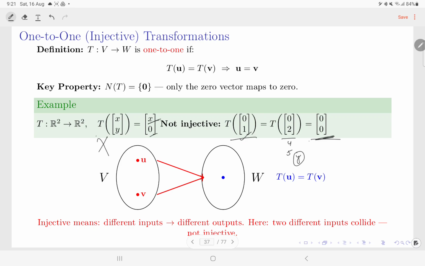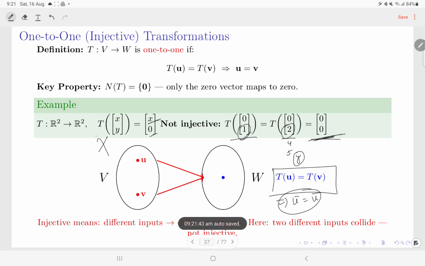For any y, this will be 0. All y is mapped to 0, hence not injective, because for multiple inputs there is only one output, which is not the case for one-one. This condition has to be satisfied, which implies U equal to V for onto.